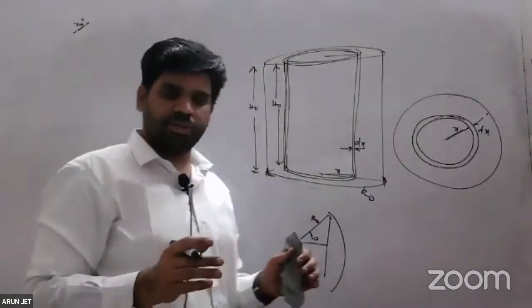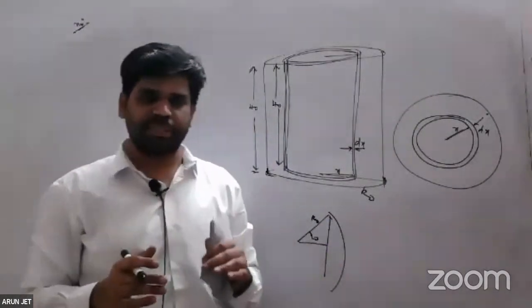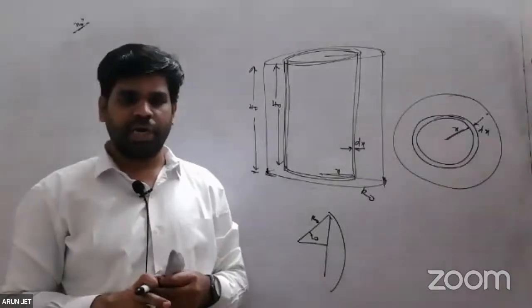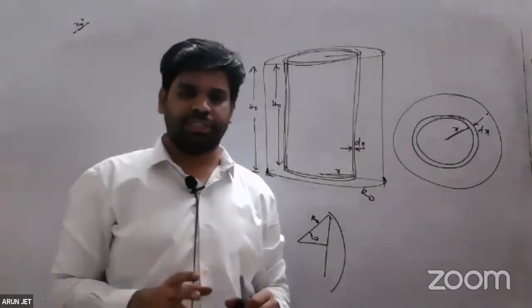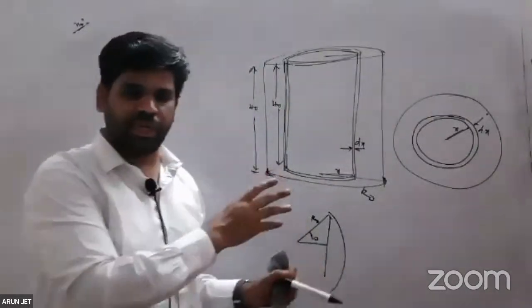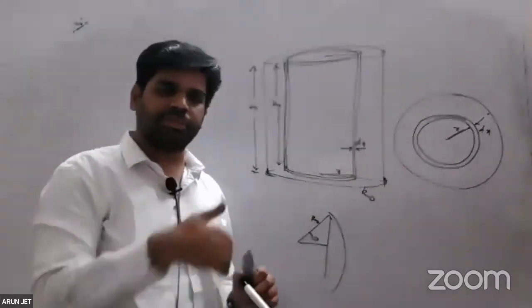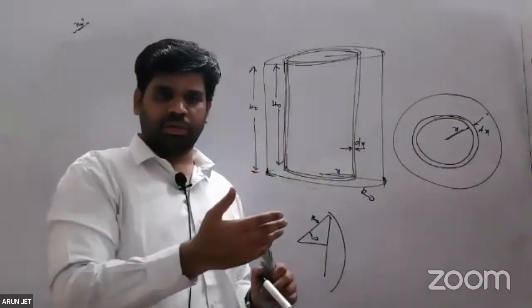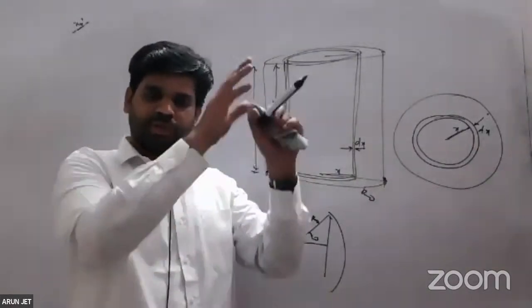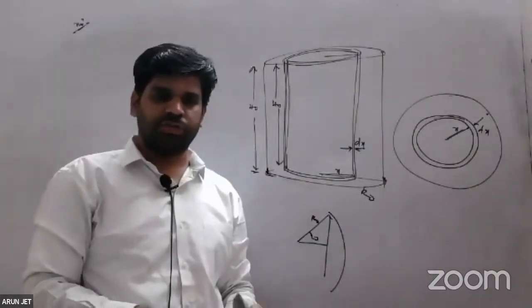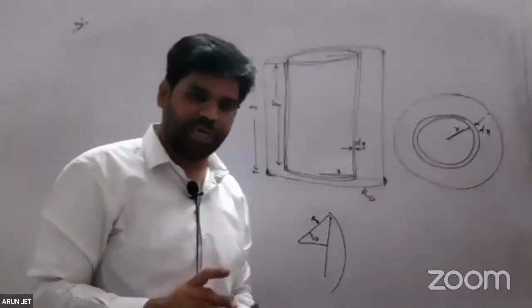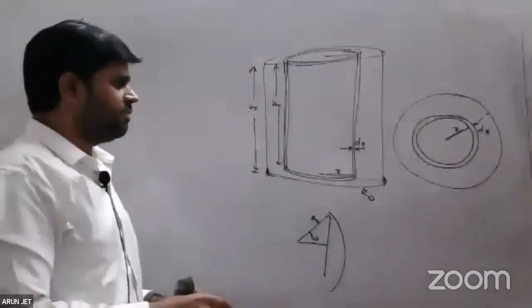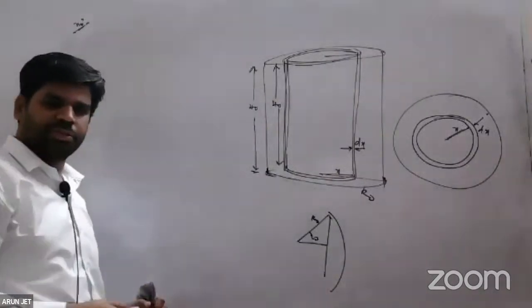At JEE Mains, Advanced and NEET level, you may not have numerical questions every time. You will have symbolic questions. Symbolic questions means you will have only symbols, and the answer will also be in terms of the symbols in the question. The whole solution will also be in symbols, so you will have to work everything out in symbolic form. You should get used to it. When you get a numerical, just substitute the numbers.